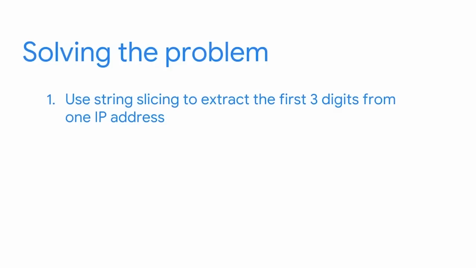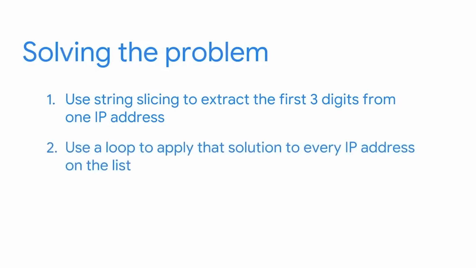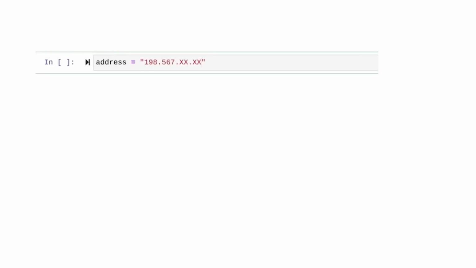Now, let's consider how to apply this to an entire list. As the second step, we'll use a loop to apply that solution to every IP address on the list. Previously, you learned about string slicing, so let's write some Python code to solve the problem for one IP address.